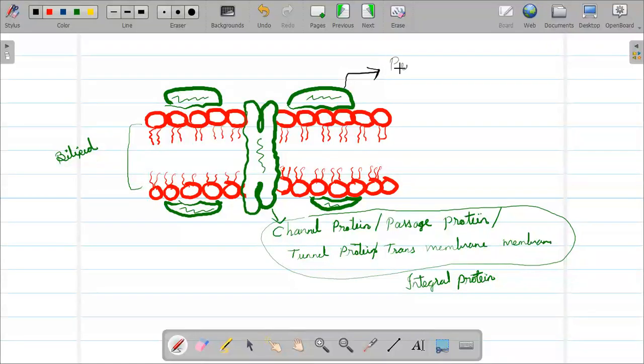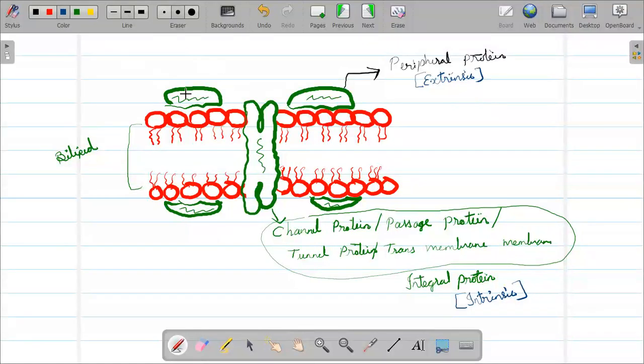It is called peripheral protein. Combinedly, I have a common name for all. Since this is attached outside, they are called extrinsic protein. Getting confused somewhere? The protein attached to the outside is called extrinsic protein. The proteins attached towards the inner side, which are not easily removable, are called intrinsic protein.